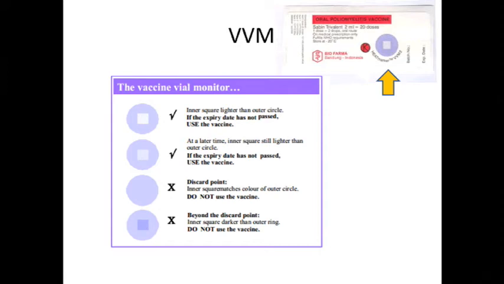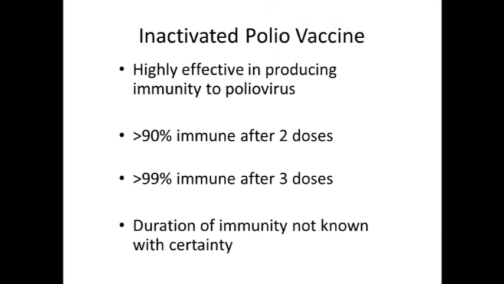The difference between this and this is that the inner square is still lighter than the outer circle, but there is a slight change in the color. It no longer stays as light as it was before, but still, even if it is within the expiry date period, you can use it. Then when is the point when we cannot use? So these are the two criteria when we cannot use that particular vial of the oral polio vaccine.